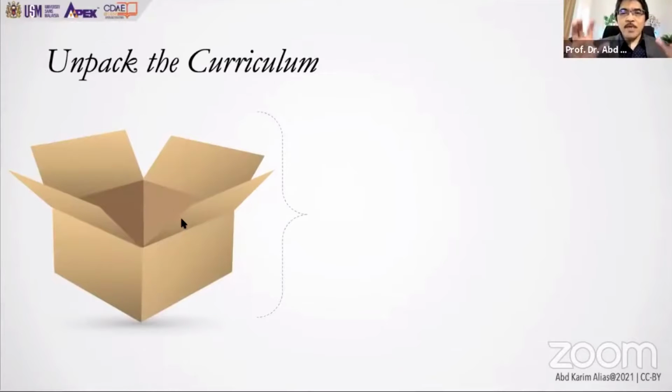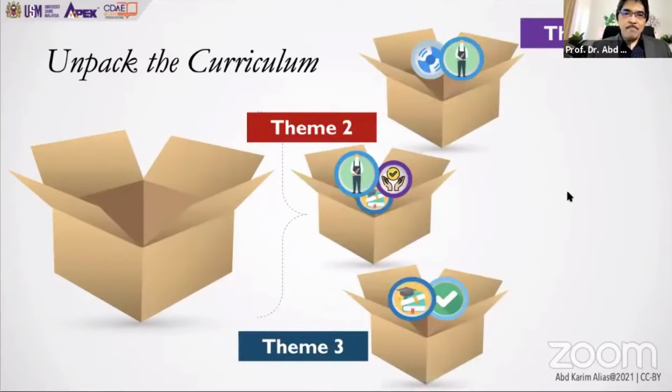So if I put it this way, let's picture the box here. And the box here can represent the whole 4-year or 3-year program, degree or diploma program, or it can be, let's say, a 1 day short course or 1 week kind of executive program. So all you need to do now is to unpack them into several packages, into logical packages, and this is where the thematic comes in.